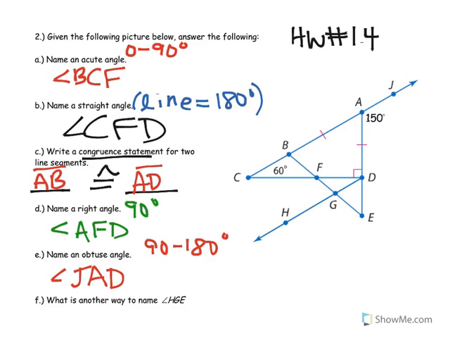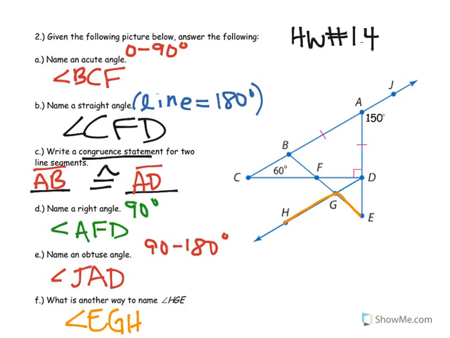And the final question, F, is kind of going back to day 1. What is another way to name angle HGE? So let's find that angle first of all, HGE. The only answer for this, there's only one, is angle EGH.